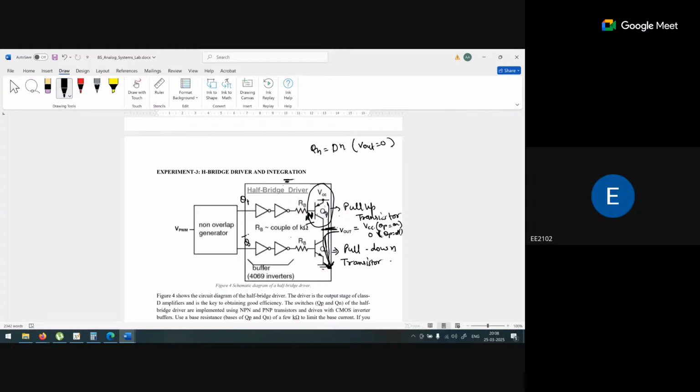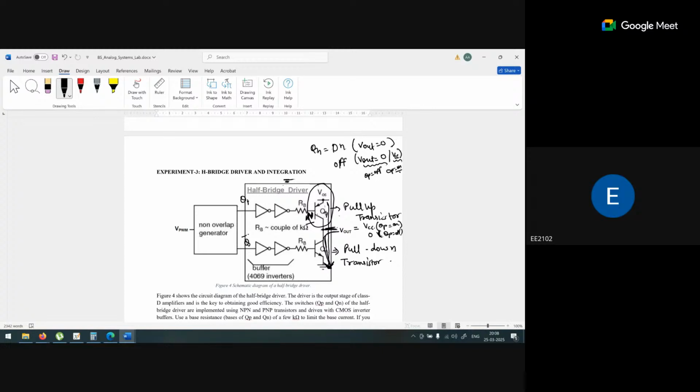And when QN is off, the V out is 0 or VCC. Both will be possible: 0 when QP is off, and VCC when QP is off.